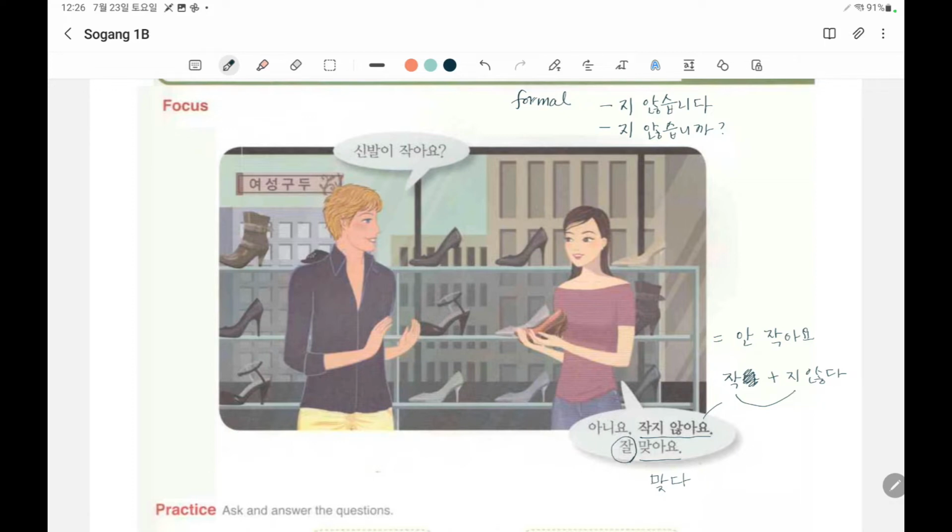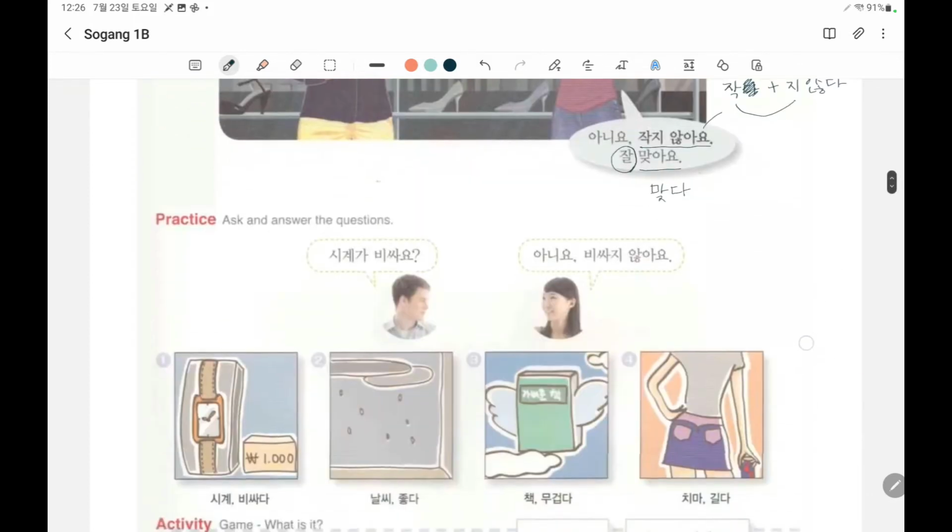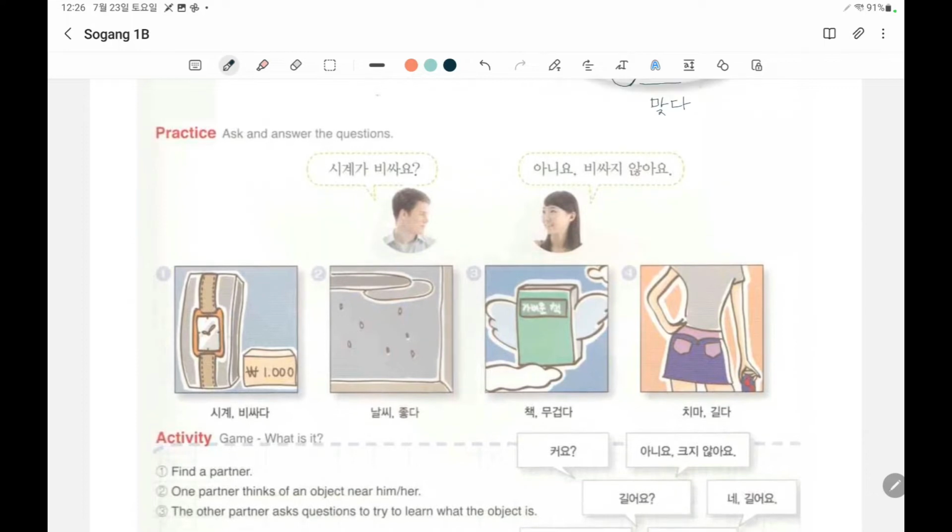And we have 잘 here. So it means they fit well, they suit well. Okay, very good. Let's practice this. I'm going to change these base forms into a question here and answer with a negation. So something is not something, okay?